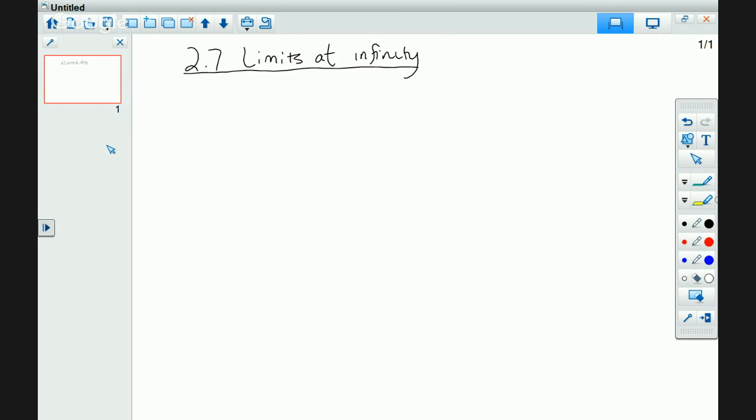So if we look at something like this, the sketch.